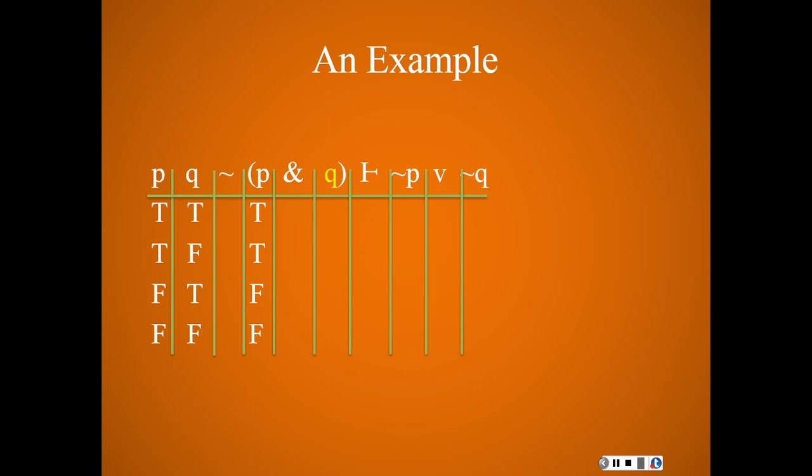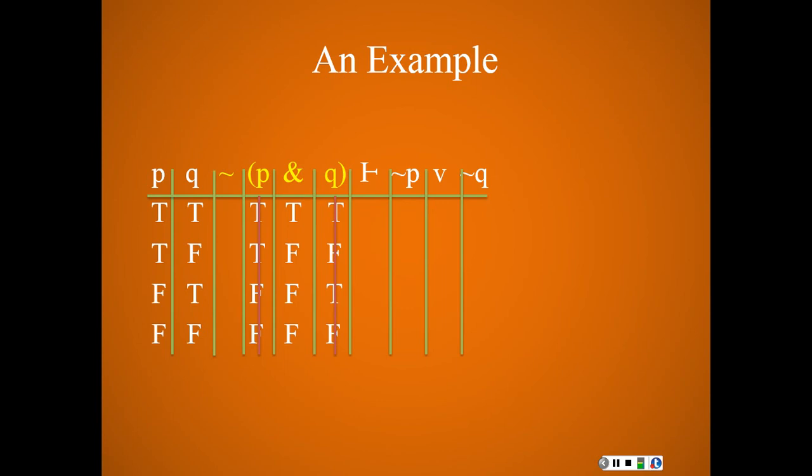Likewise for Q. Now I'll focus on evaluating this conjunction. Well, a conjunction is true under only one condition, that is, when both of the conjuncts are true. We see that condition occurs only on the top row here. So this row that I have marked, the top row, is the one and only case where this conjunction is true. So in every other case, it is false.